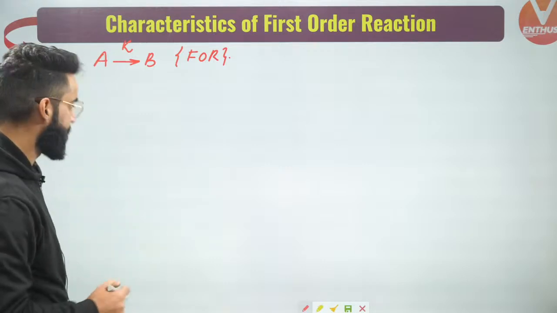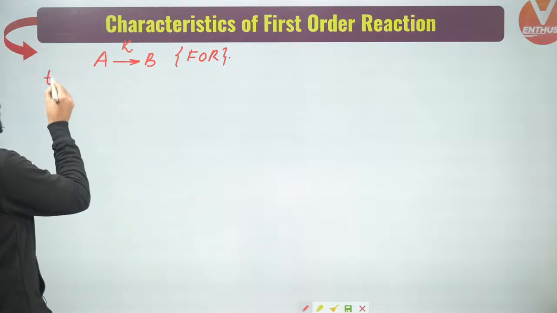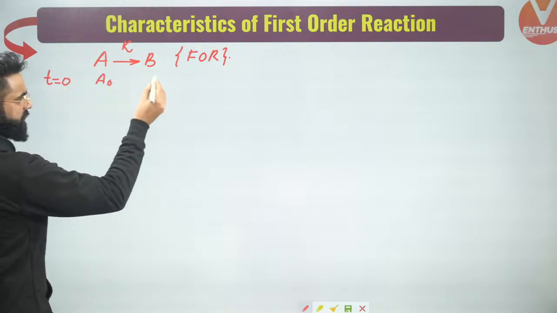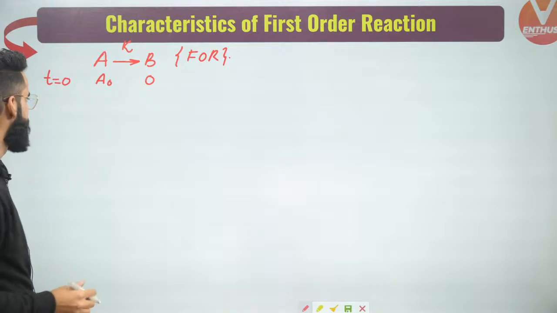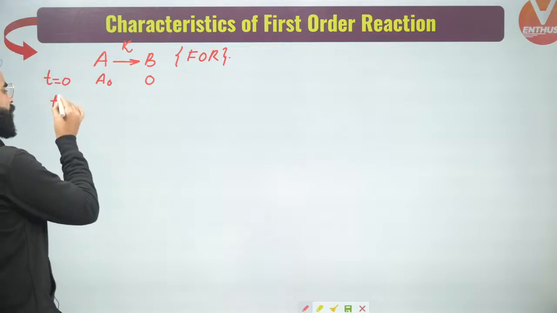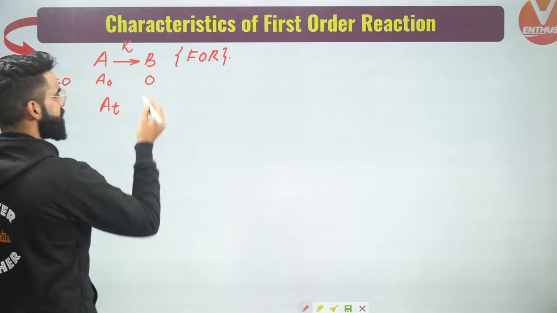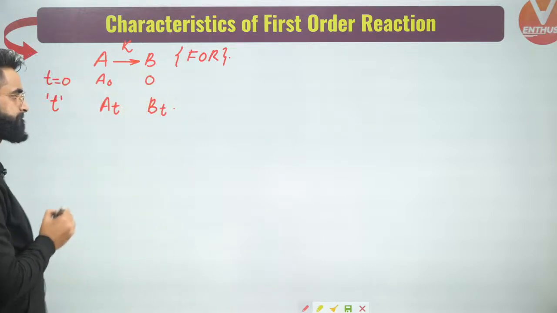Okay, now people have a look. We know at time t equal to 0, the concentration of reactant is taken as A naught, the concentration of product will be 0, yes, correct? Now people, at any time t, the concentration of reactant left is represented by At and concentration of product formed at time t is going to be Bt, yes?